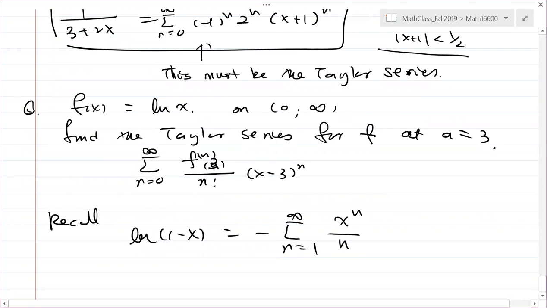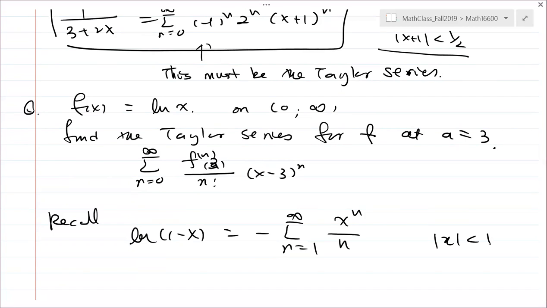When x equals 0, that's 0, right? I think this is true. So this holds only for absolute value of x less than 1. This is an identity.